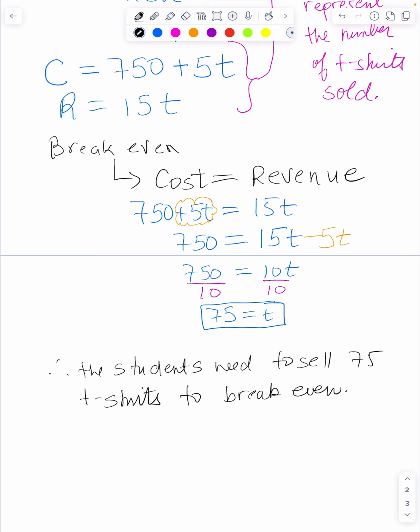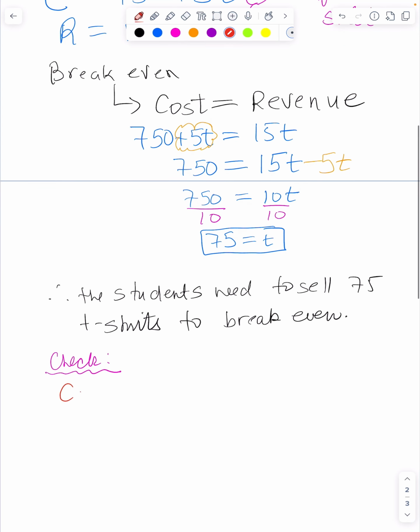And what we can do to make sure is we can do our check, which I should have done before, but I'm going to do it now. And our check is going to be the cost. The cost is $750 plus $5 per t-shirt.